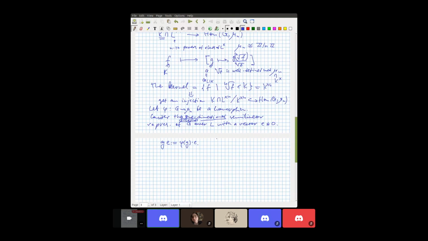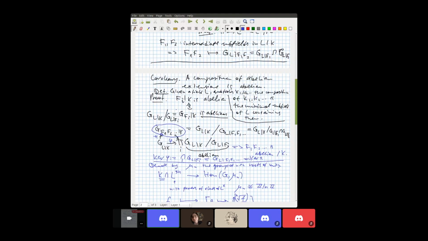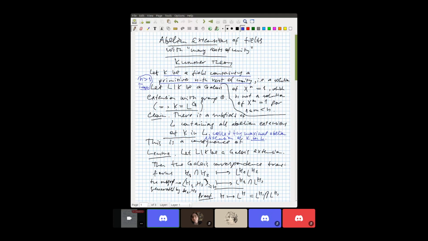But we know that all such representations are trivial, because our group is finite. Have we assumed this, by the way? No, we have not, but we should assume that this is finite.